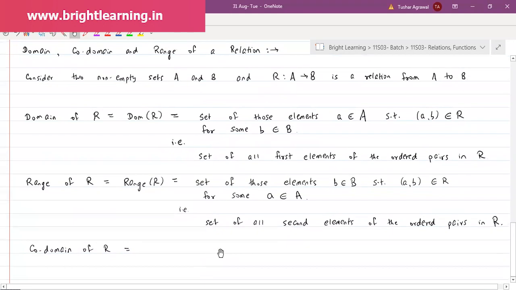Written the definition. Domain is a set of first elements. Range is a set of second elements. Done.